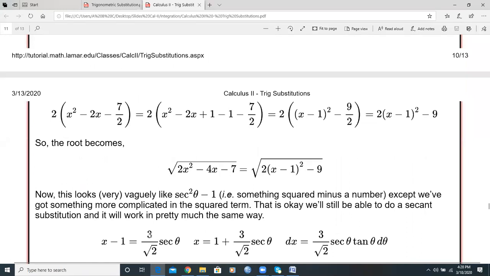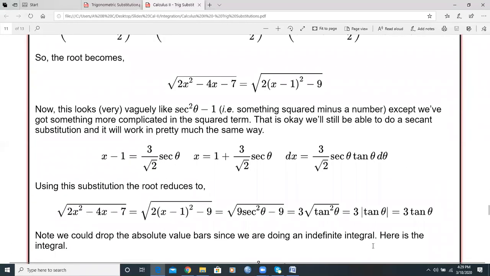We replace x by sec theta. Here we assume x minus 1 is equal to 3 over square root 2 sec theta. Therefore, x is equal to 1 plus 3 over square root 2 sec theta. dx becomes, since the derivative of sec theta is sec theta tangent theta, the corresponding expression. So the original function reduces in terms of theta: this becomes 9 sec square theta, and we take the 9 common outside the square root.